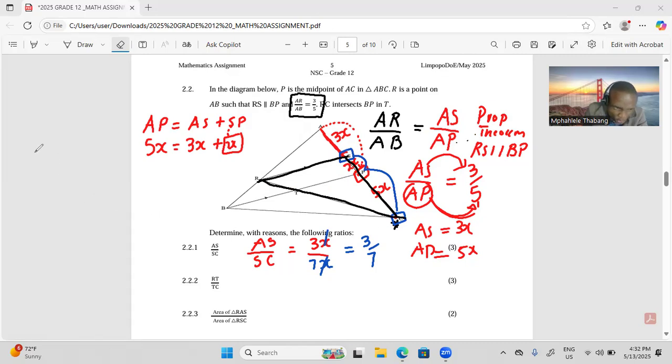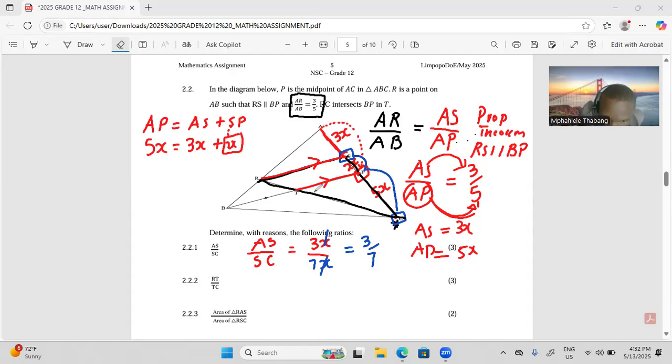And do not forget that the line RS is parallel to the line TP. Yes, remember they said the line RS is parallel to the line BP. And the line BP is the same line as TC. Actually, the line TC is a portion, a segment of BP.